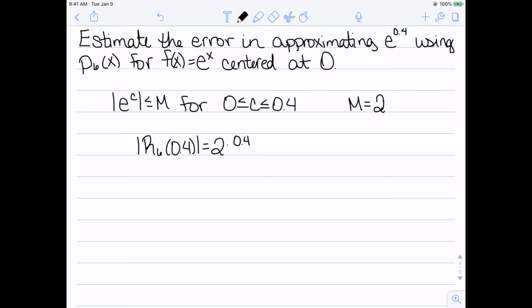And we need to raise it to the n plus 1 power, so the 7th power. We then divide by n plus 1 factorial, which is 7 factorial, which gives us approximately 0.000007. So our error is going to be less than this. We have less than 7 times 10 to the negative 7th error.